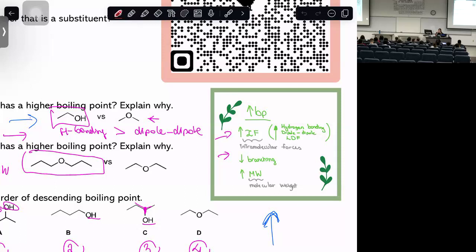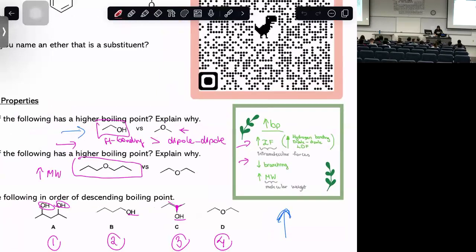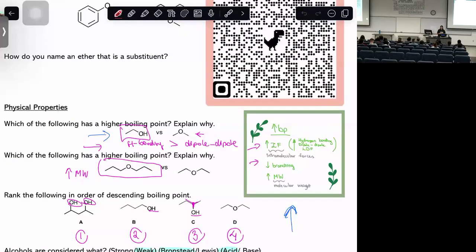Now, if every molecule has the same forces, then you move on to the next factor, which is branching. The less branching, the higher the boiling point. And then the last aspect, if they have the same exact branching, you look at the molecular weight. The higher the molecular weight, the higher the boiling point, okay? It's just a trend that you have to memorize, and you probably learned that back in Orgo 1 at the very beginning of the semester.